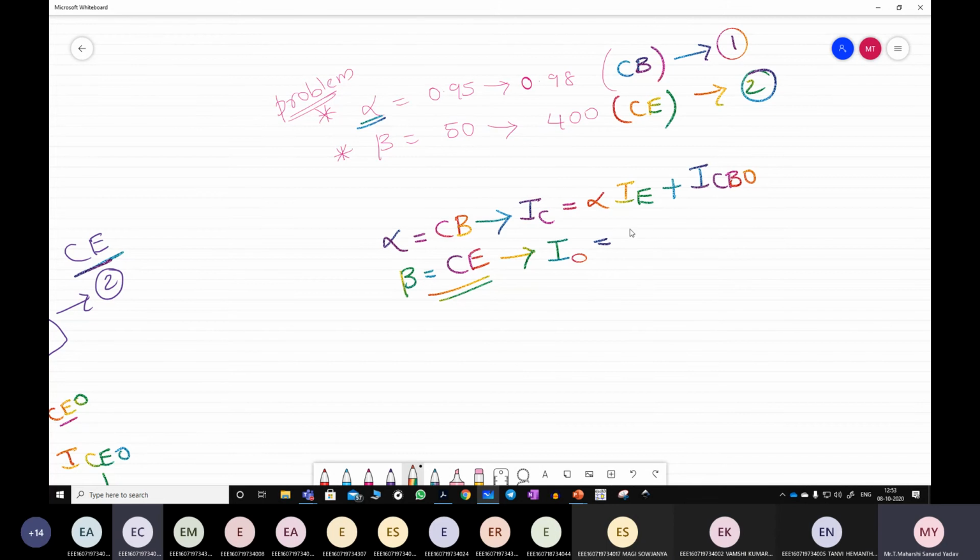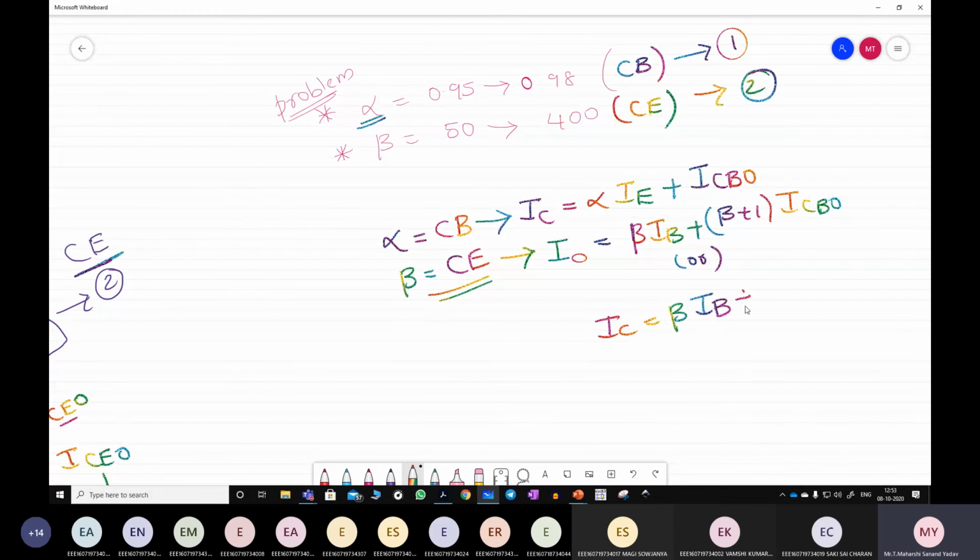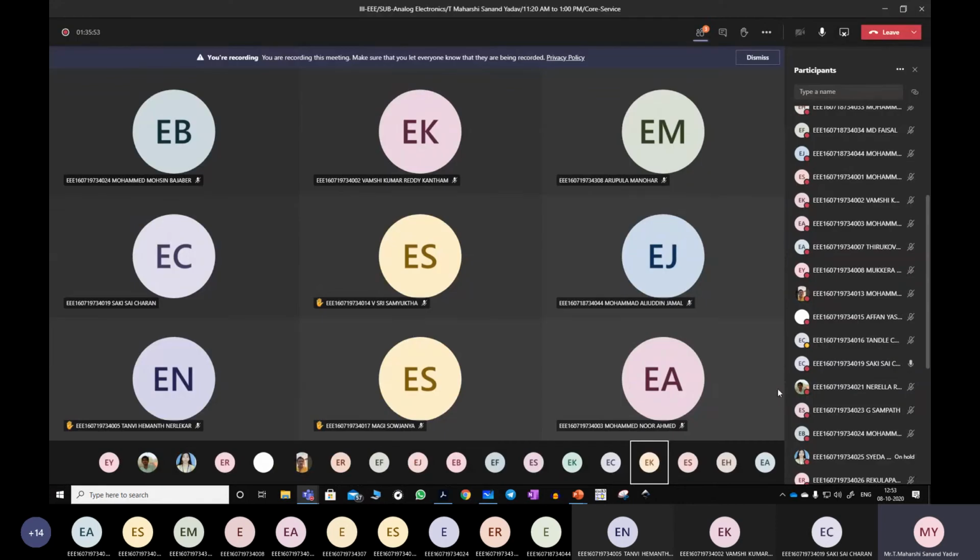IC is equal to beta IB plus ICBO, or you can write it like this also: (1 plus beta) into ICB naught. Or else IC is equal to beta IB plus ICE naught. Generally, this relation will be very useful while solving problems. So (beta plus 1) into ICB naught can be written as ICE naught. Later we shall solve some problems also.